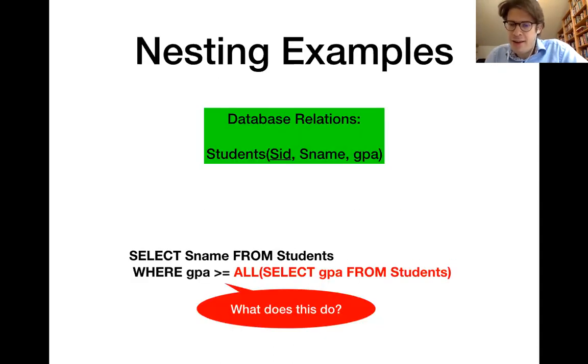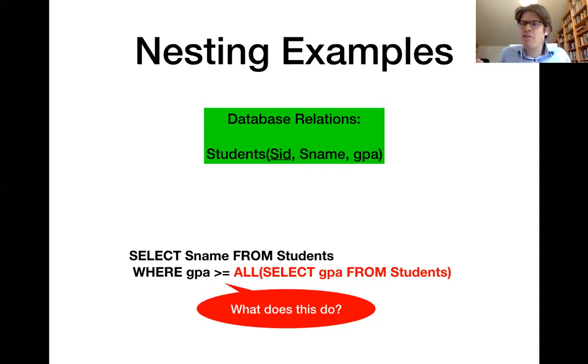And one last question is whether the result of the where expression can be false or null. I mean, it could be null if we have, for instance, some null values for the GPA.